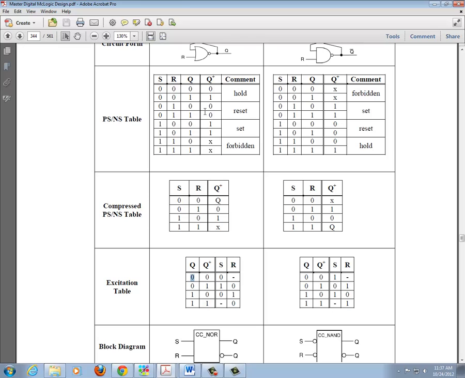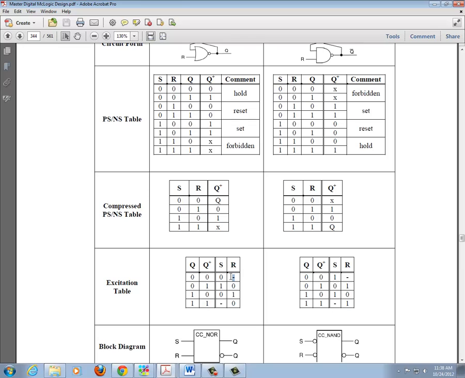If we look at our PSNS table, we could have the condition where S and R are both 0, which is the first row in the truth table. Or we could have the condition when S is 0 and R is 1. No other condition brings us from 0 to 0. So going from 0 to 0, S has to be 0 and it doesn't matter what R is.